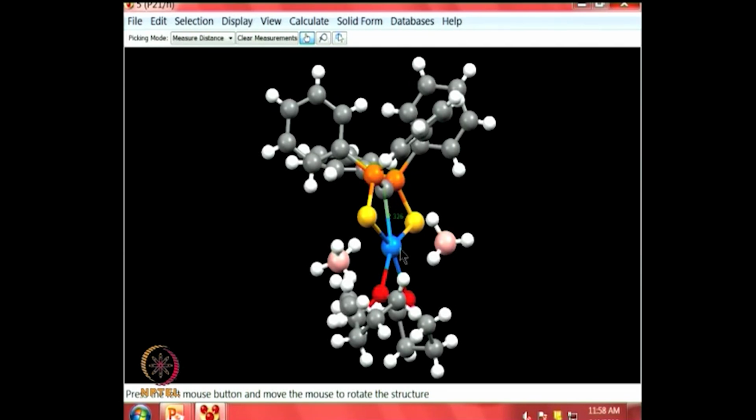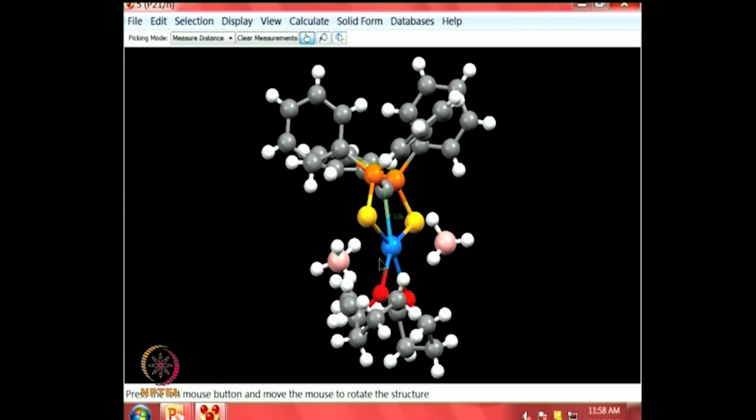Now, how do we know that there is a double bond between the uranium and the carbon? The uranium single bond radius is around 1.8 or 1.77 angstroms according to some estimates, and so if you estimate carbon to have a single bond radius of 0.77 angstroms, you will notice that this distance is 2.326 angstroms.